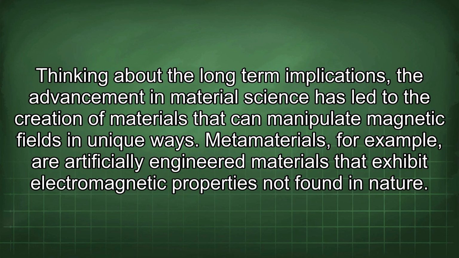Thinking about the long-term implications, the advancement in materials science has led to the creation of materials that can manipulate magnetic fields in unique ways. Metamaterials, for example, are artificially engineered materials that exhibit electromagnetic properties not found in nature.